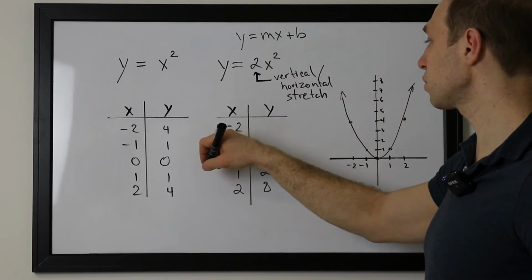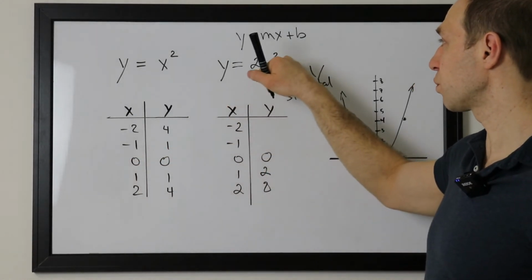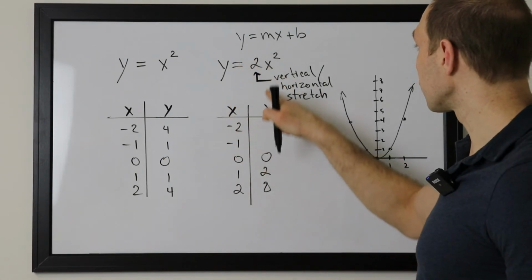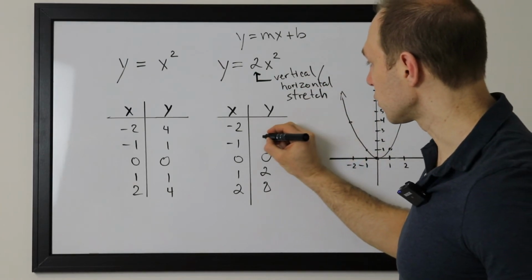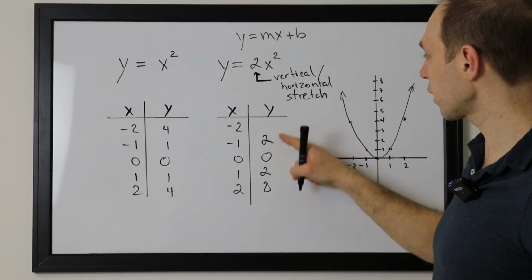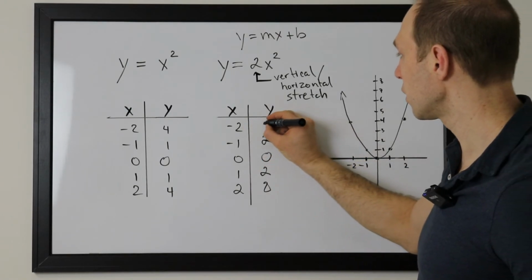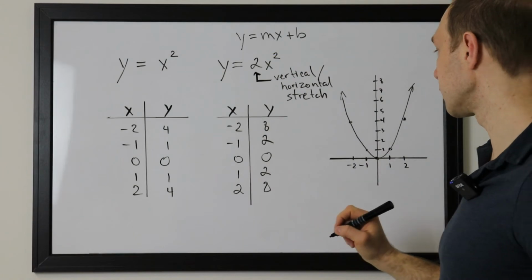Similarly, with the negative numbers, we know that whenever you square a number, you'll just get the same answers on the opposite side. And so negative 1 squared is 1, 1 times 2 is 2. So we can automatically assume that this number will be 8. Negative 2 times negative 2 is 4, 4 times 2 is 8.